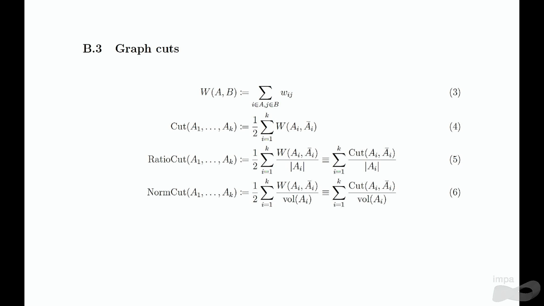So we would like the weights between Ai and its complement to be small, identifying our partition of the vertex set so that there's a relatively small weight between vertices in those subsets.